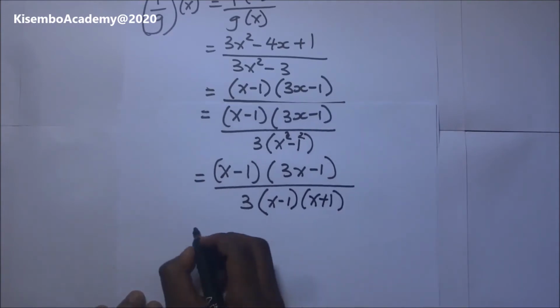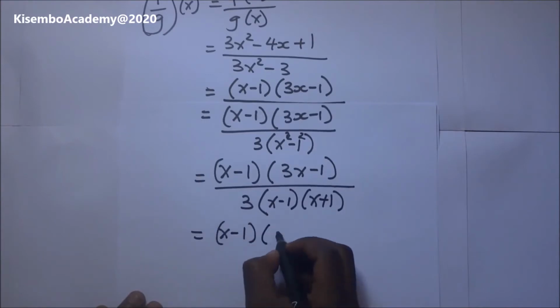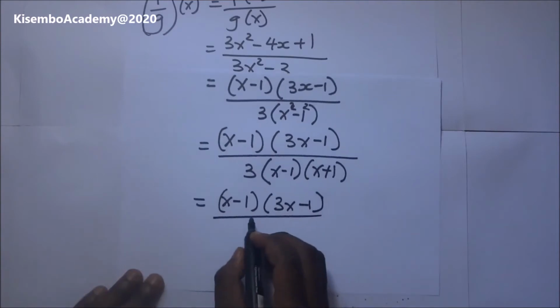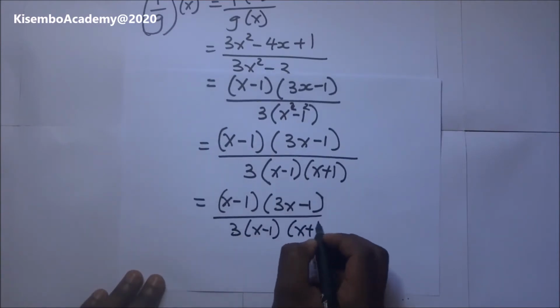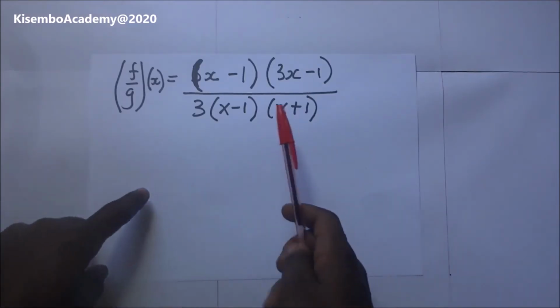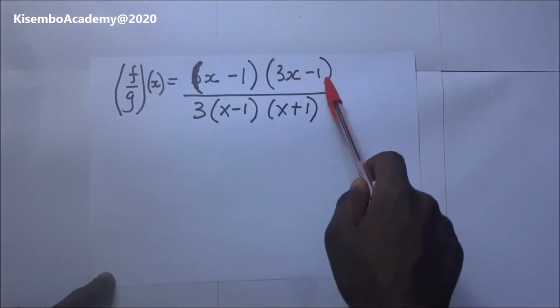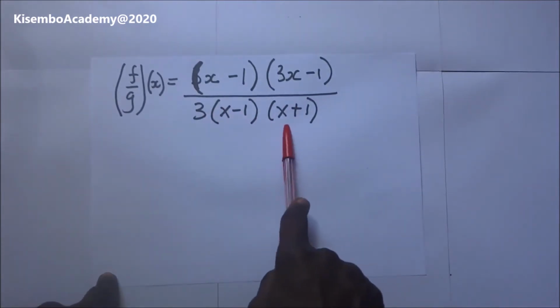And definitely this is going to become x minus 1 into 3x minus 1, divide that by 3 into x minus 1 into x plus 1. So our quotient function turns out to be like that: x minus 1 in brackets into 3x minus 1, all that in brackets, divided by 3 into x minus 1 into x plus 1.